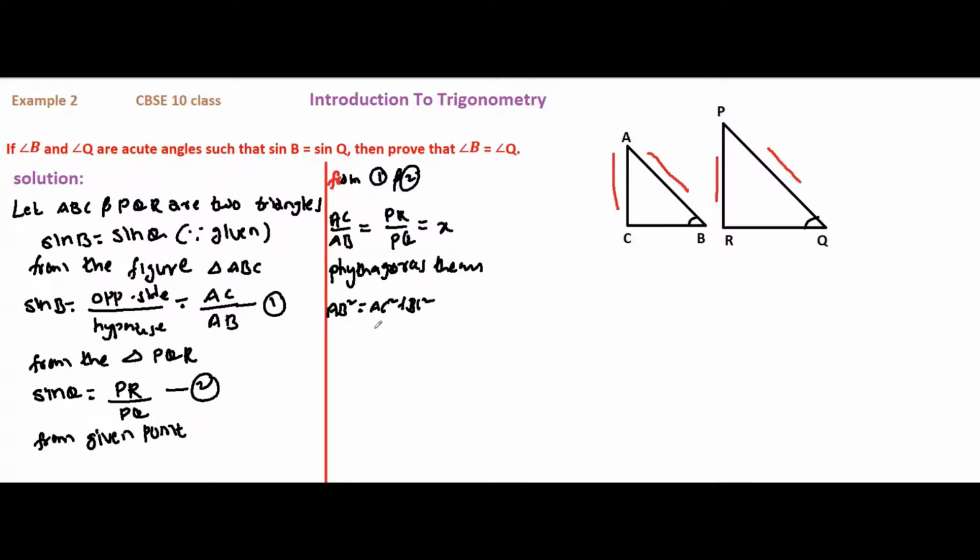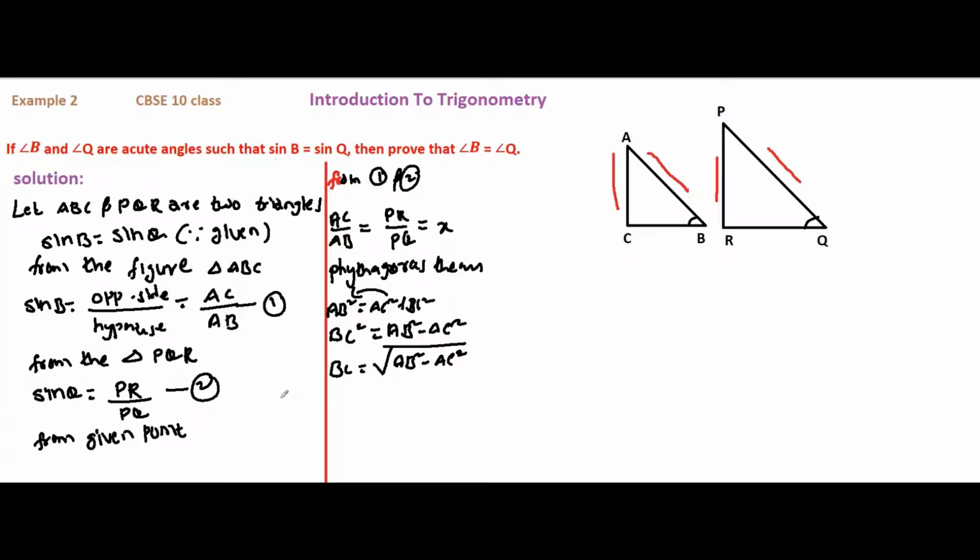From this I am writing BC square. BC square equals, transposing AC square to this side, AB square minus AC square. So BC equals under root AB square minus AC square. This is the BC value.